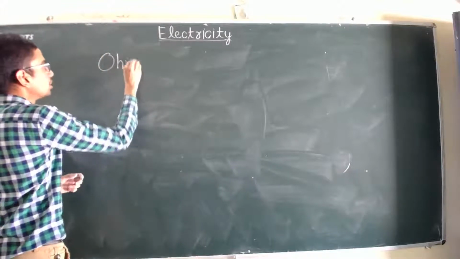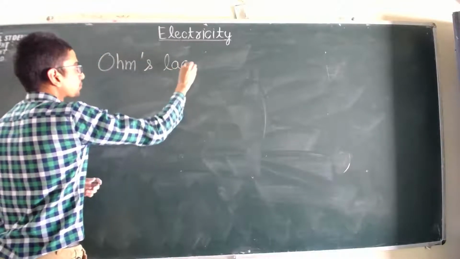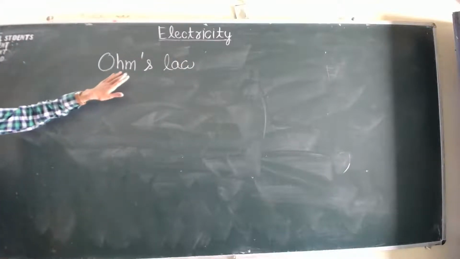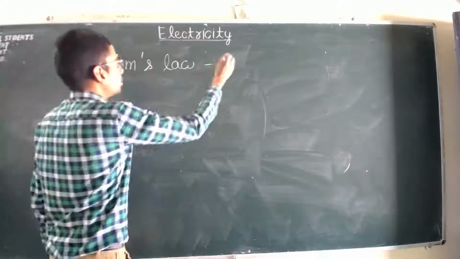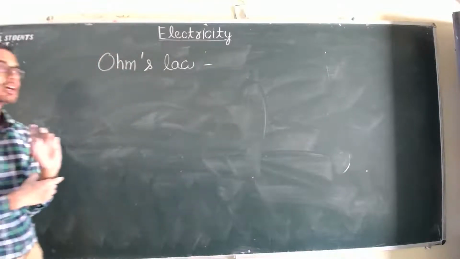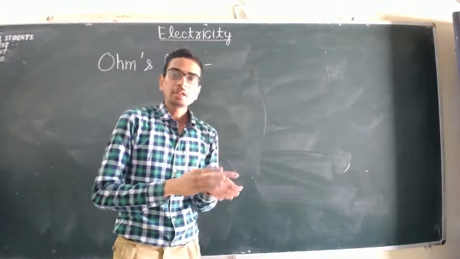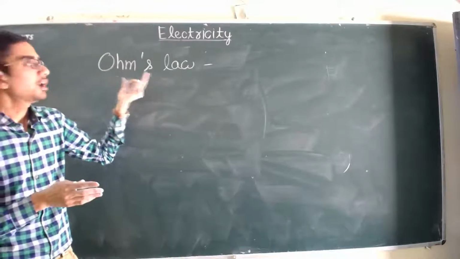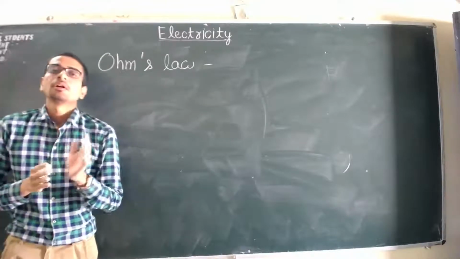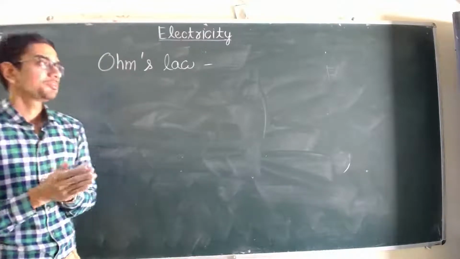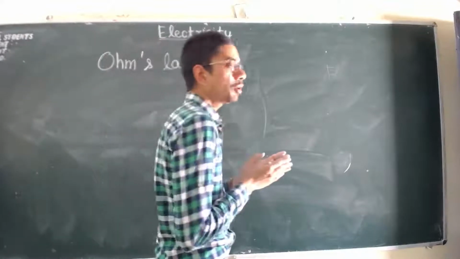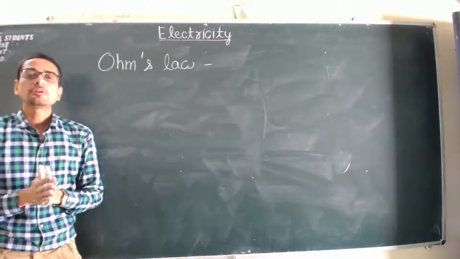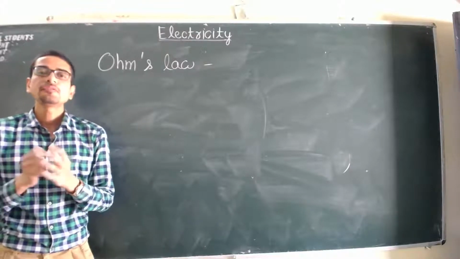Ohm was a scientist who gave Ohm's law. So what is Ohm's law? Ohm's law क्या कहता है? You know that potential difference creates current. So it says that the amount of current flowing in a circuit is directly proportional to potential difference.